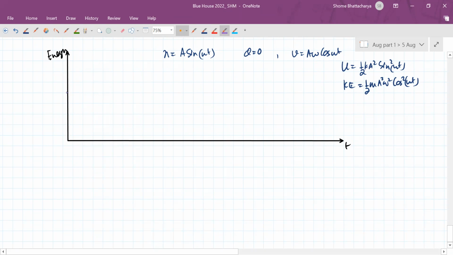So our potential energy will become that sine square graph.